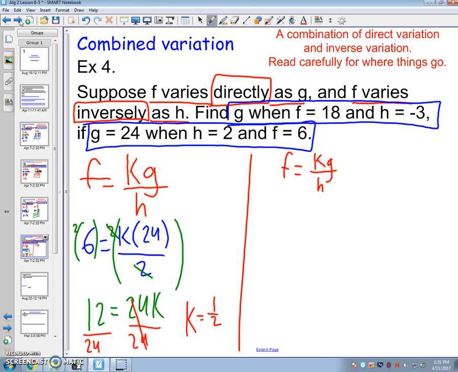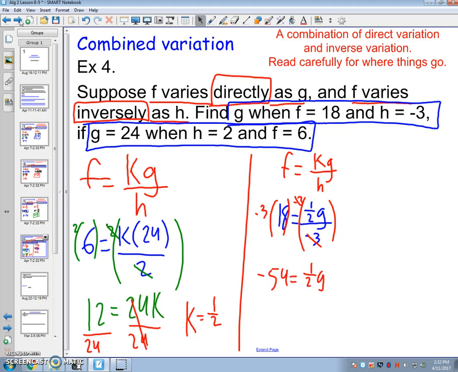So it says find g, not find f. All right, f equals 18. K was 1/2. G we don't know. Over h is -3. Let's get rid of that -3 first. That gives me -54 equals 1/2 of g.